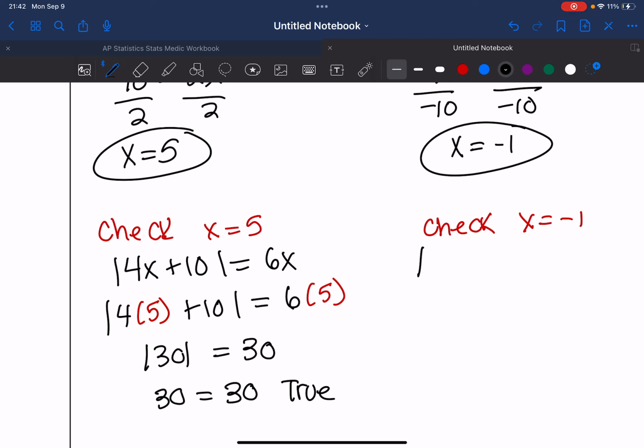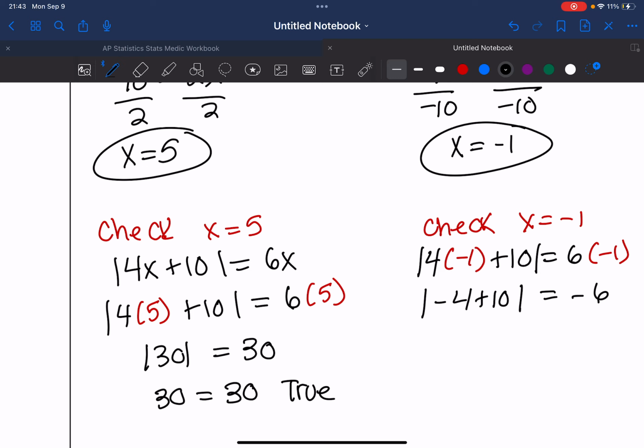So I have the absolute value of 4 times negative 1 plus 10 is equal to 6 times negative 1. Well, simplifying this, 4 times negative 1 is negative 4, so negative 4 plus 10 is 6, and on the right, negative 6.